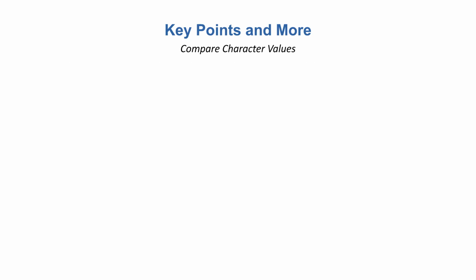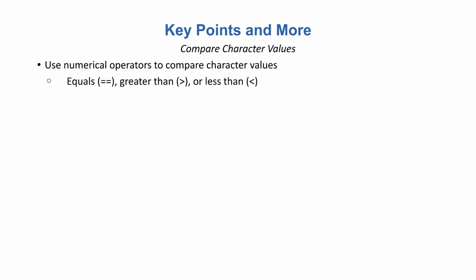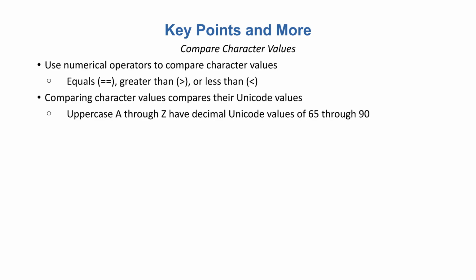Key points and more. Compare character values. Use numerical operators to compare character values. For example, equals, greater than, or less than. Comparing character values compares their Unicode values. Uppercase A through Z have decimal Unicode values of 65 through 90.